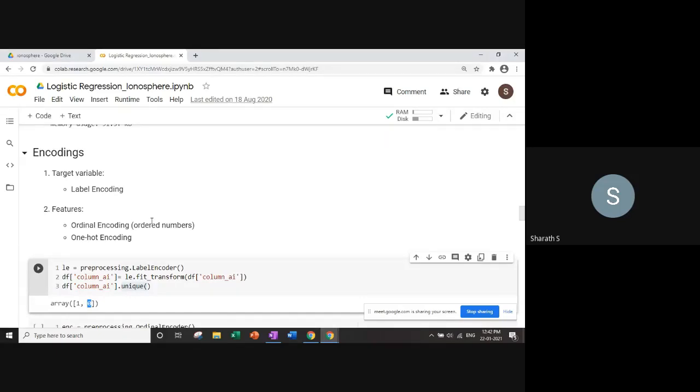If you had one column with green, blue, or red, this one column is split into 3 columns, and whichever value corresponds to green gets 1, and 0 for blue and 0 for red.